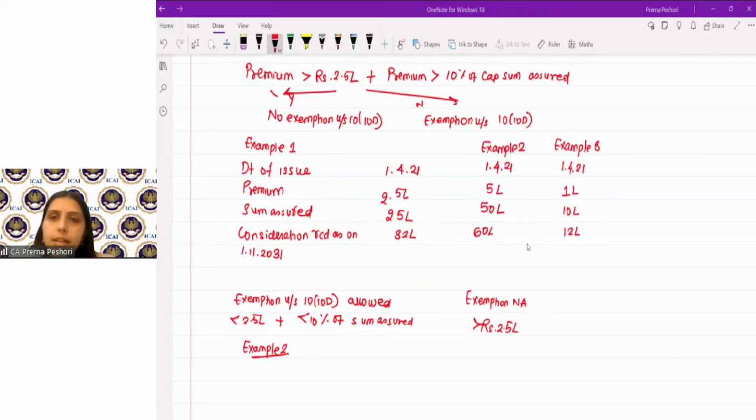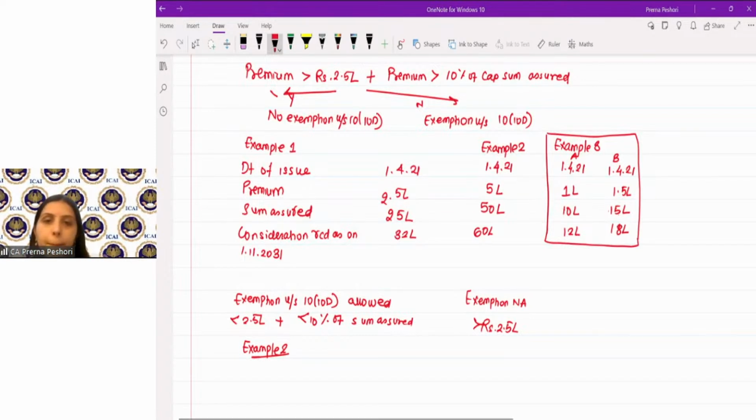Also, let's make it like this: in example 3, we have two ULIPs, A and B, both issued 1/4/21. 1.5 lakh premium for B, sum assured 15 lakhs, and amount received 18 lakhs. So there are two ULIPs taken in example 3.